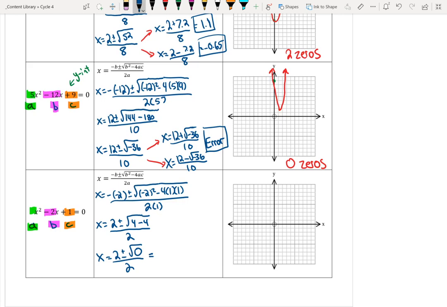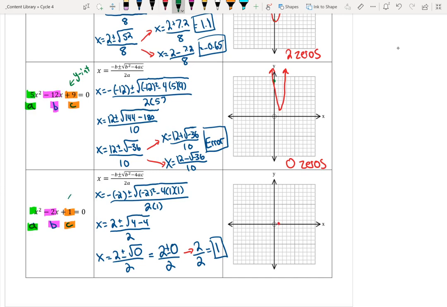And we've had something similar to this before, so if I simplify this, I have 2 plus or minus 0 divided by 2. And either way, if I break this off, if I add or subtract 0, it's not going to matter. I'm still going to get 2 divided by 2, which equals 1. So in this case, I have one x-intercept, and it is on 1.